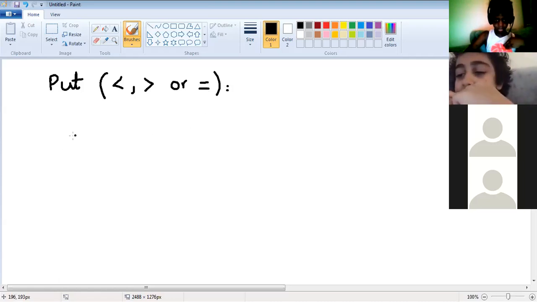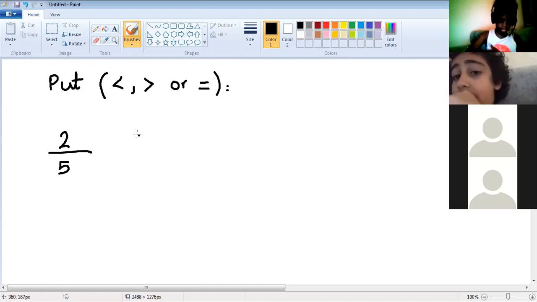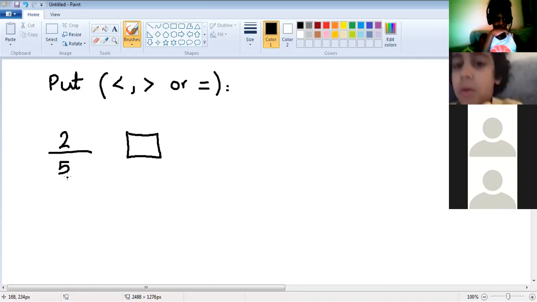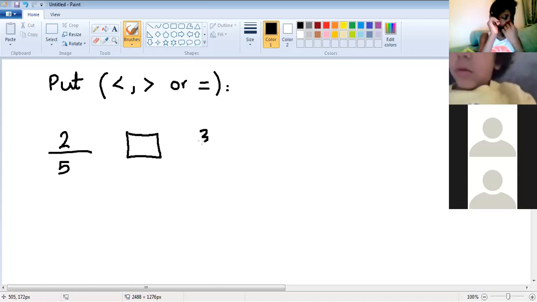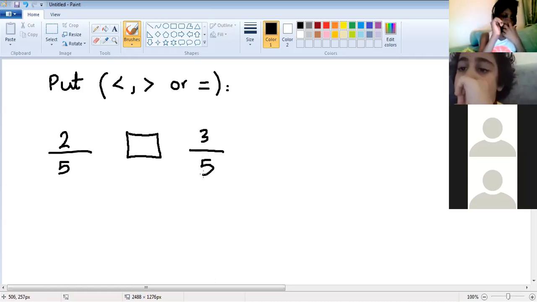Okay. Look, Omar. How can you read this fraction? Read the fraction, Omar. 2/5. And this one? 3/5.